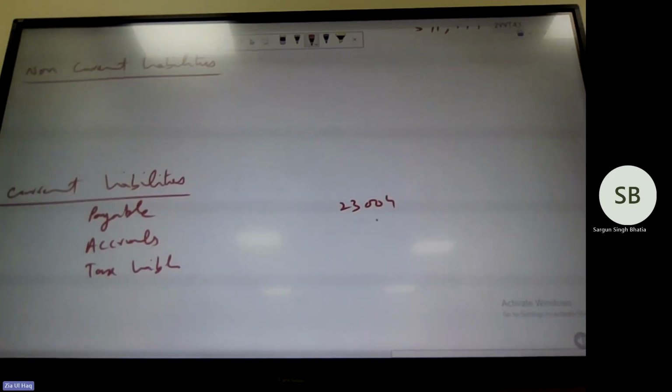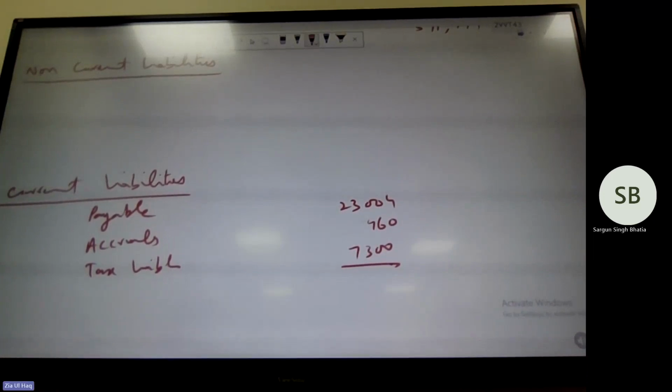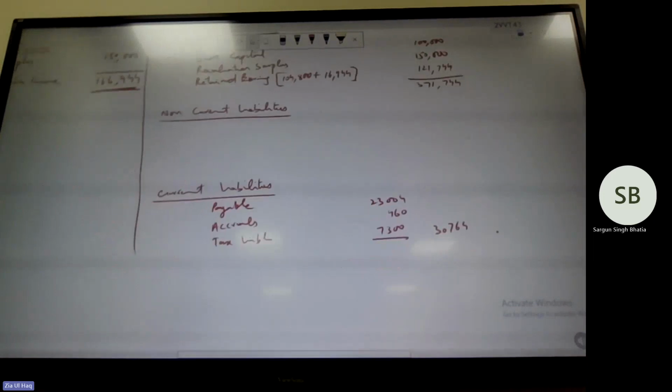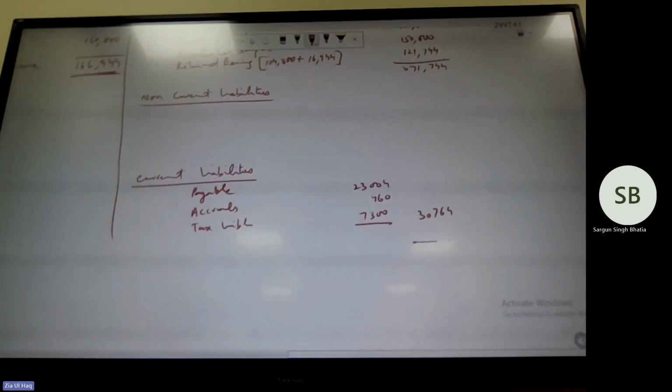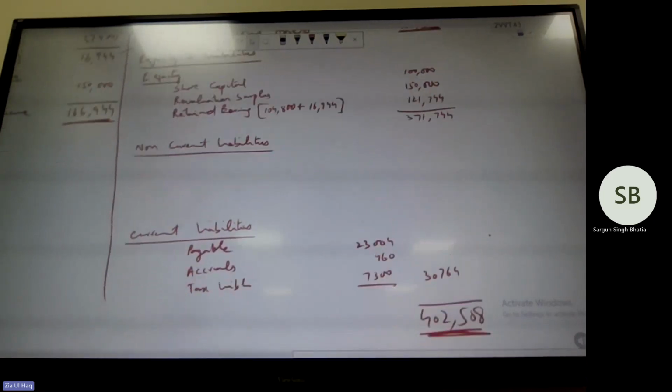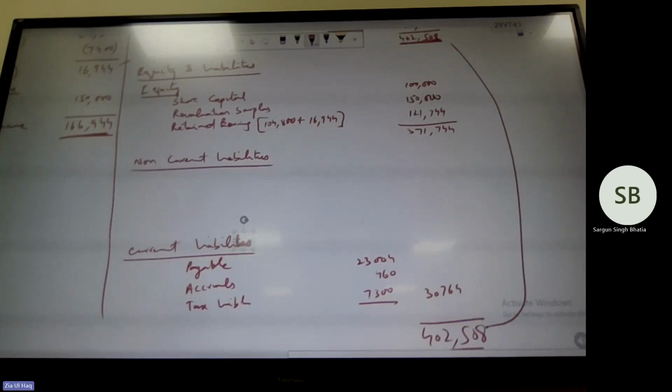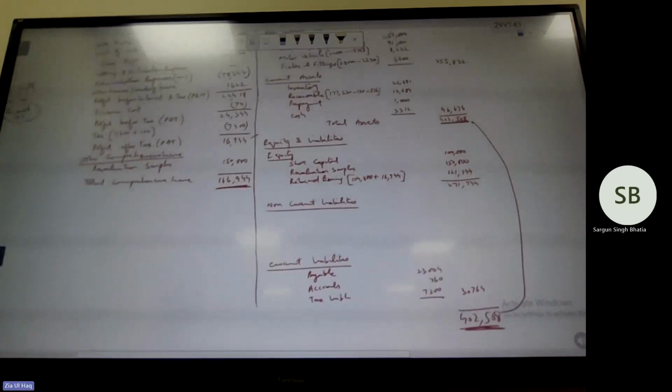Accruals were 460. And tax payable for the current year was 7,300. We can add these three and arrive at the figure 30,764. If we add both equity and liabilities, we arrive at the total figure of 402,508, and this should match the total assets. This means our question is correct.